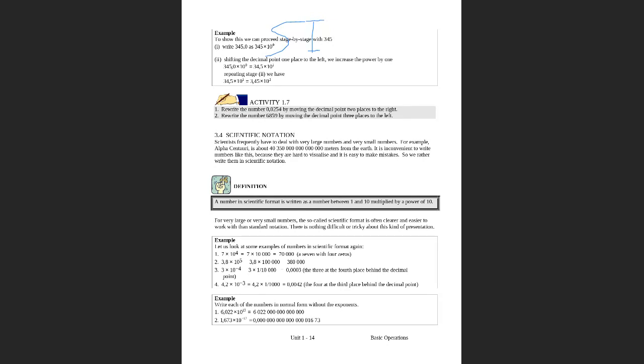For instance, if I ask you to write Avogadro's constant, it's 6,023 times 10 to the power 23, which is in scientific notation.